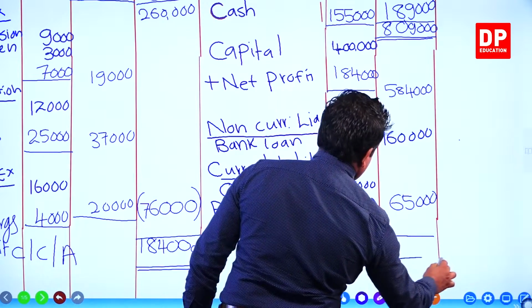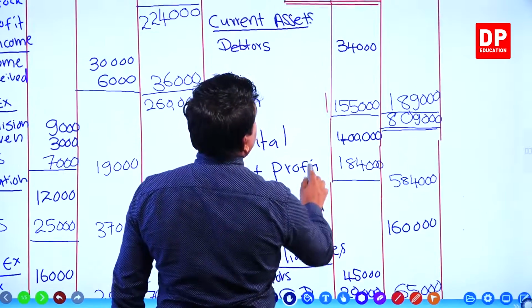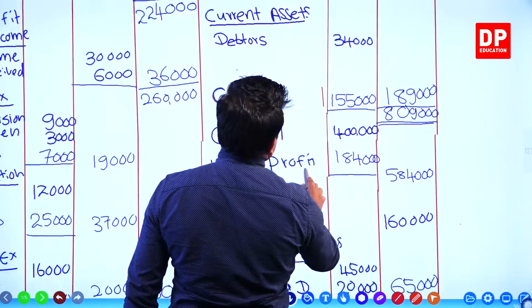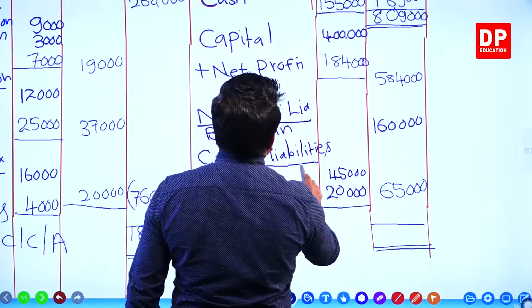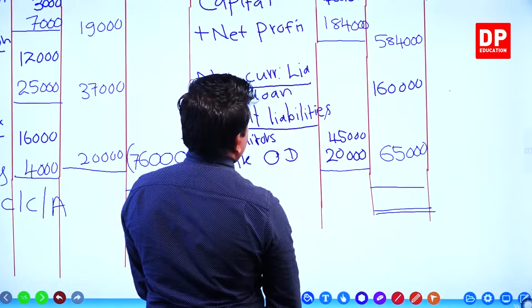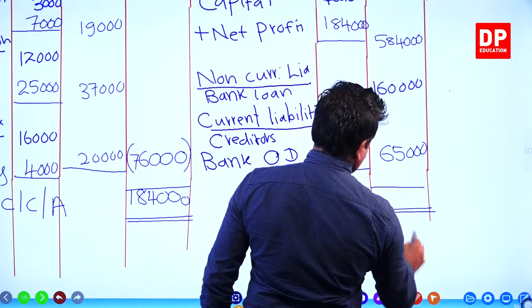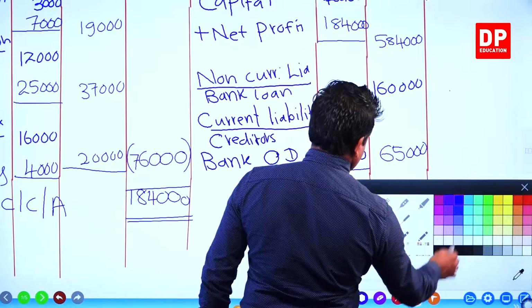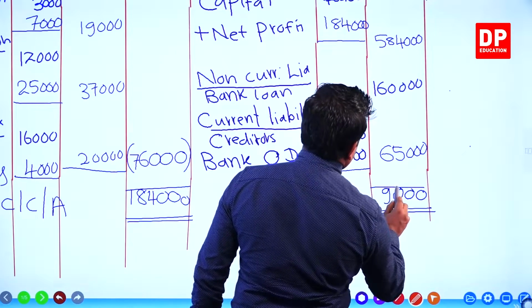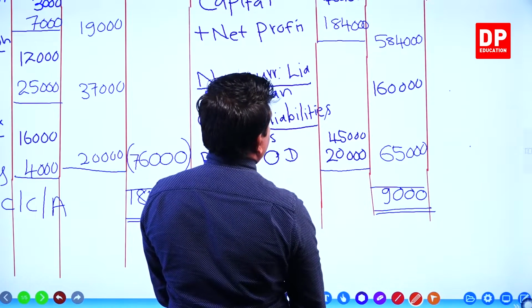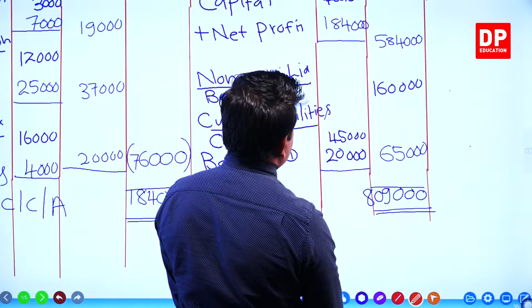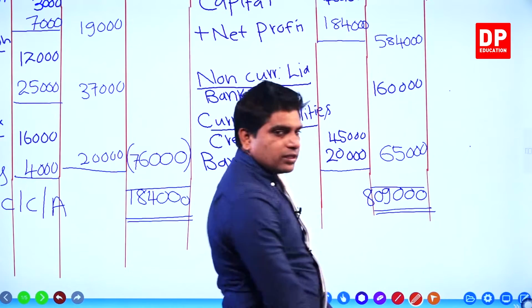Then here 0, 0, 0, 9, here 8, right, 809,000. This is correct.